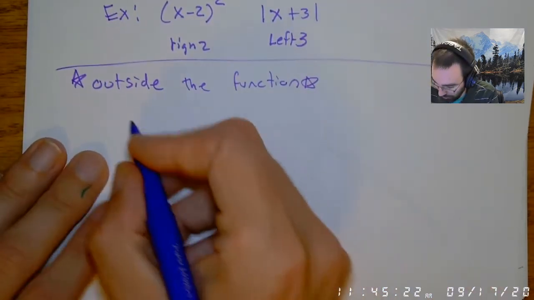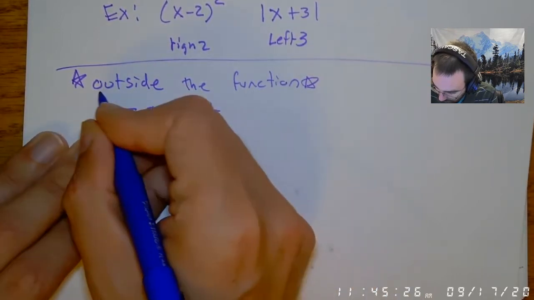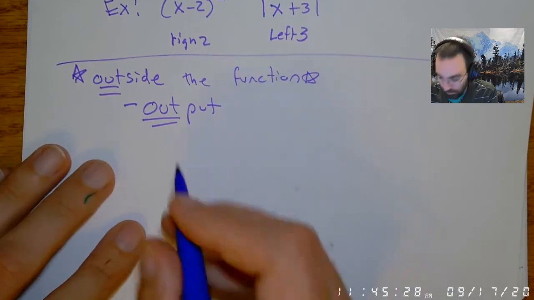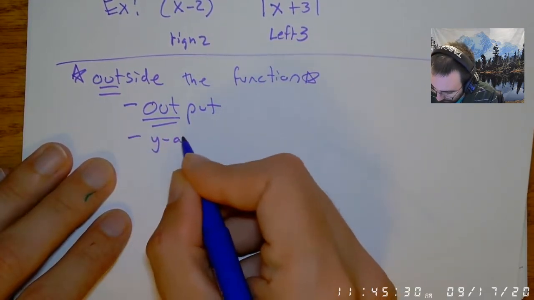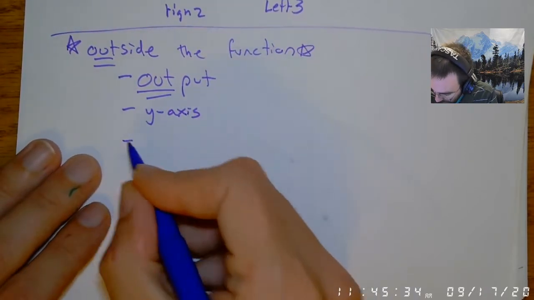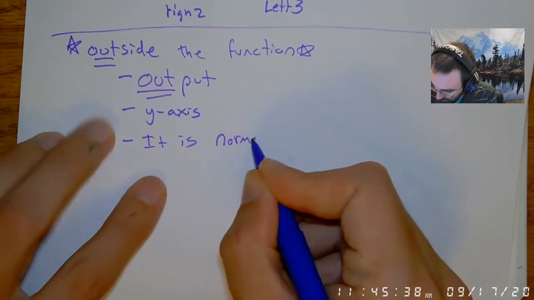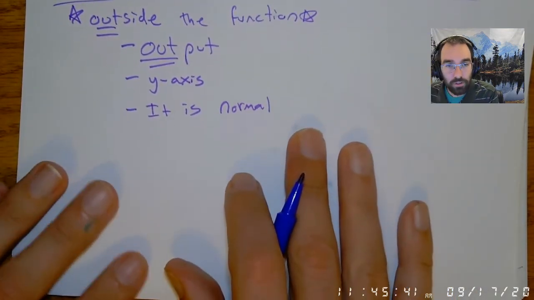If it's outside the function, then that is the output. Outside, output, and that means that's the y-axis. So it is normal.